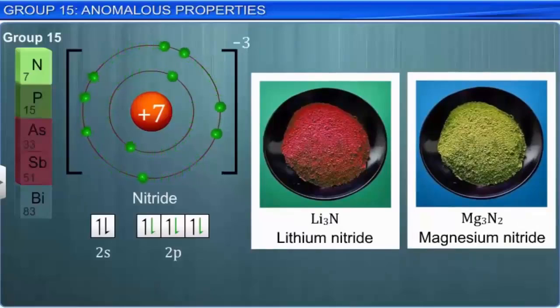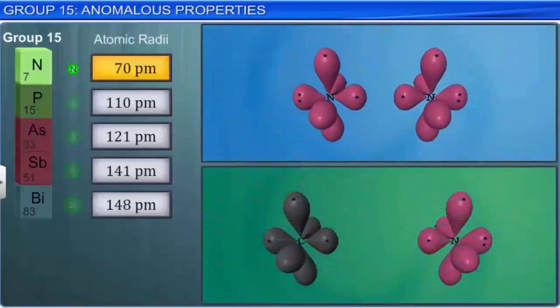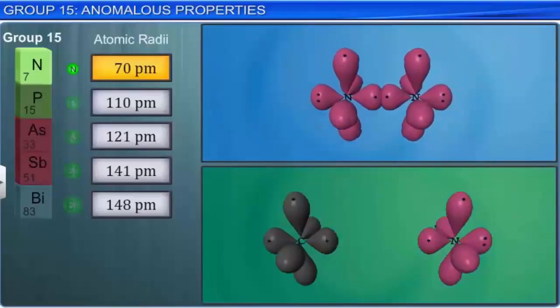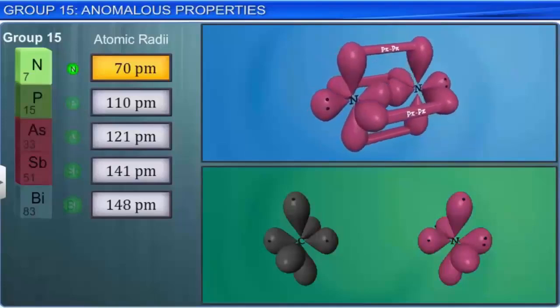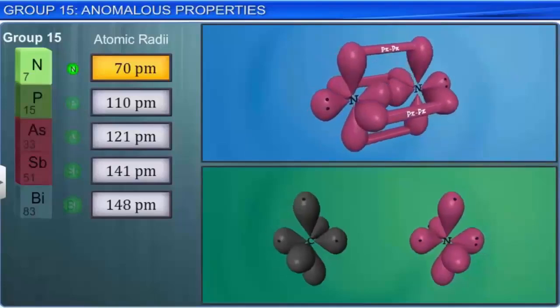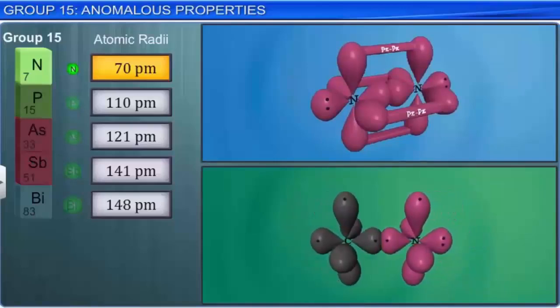Nitrogen, being smaller in size, can effectively form p-pi bonds with other atoms of itself and atoms of other elements with a small size and high electronegativity, such as oxygen and carbon.